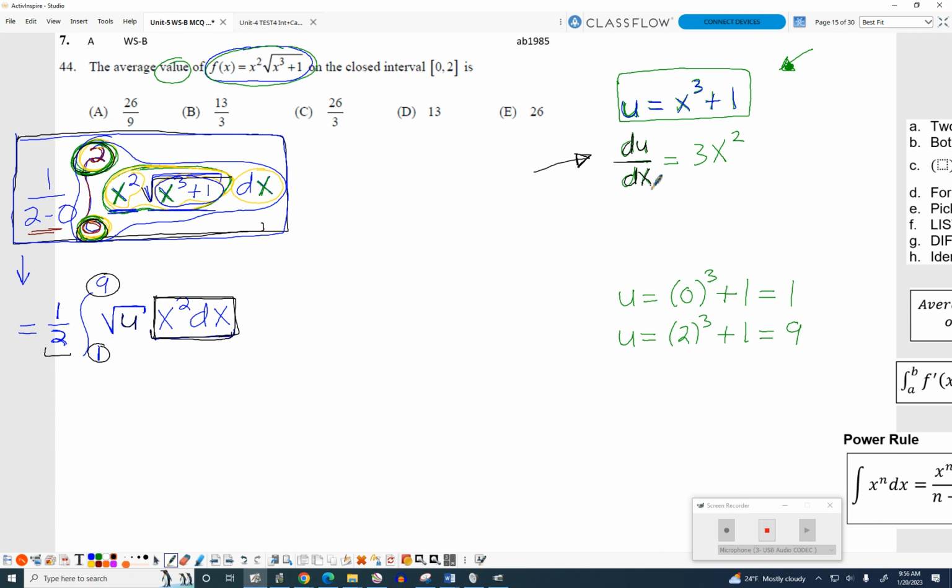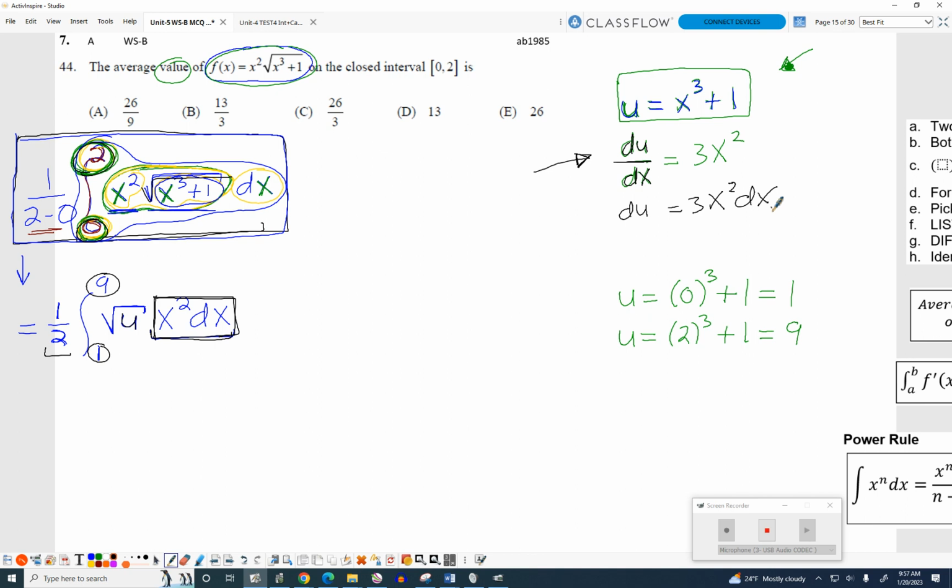If I multiply both sides by dx, this side will be what, Sarah? Du dx. Well, we're going to multiply this side by dx, so the dx will divide out. Du equals, it's not the derivative, it's just 3x squared dx. They're just symbols. So we get that.